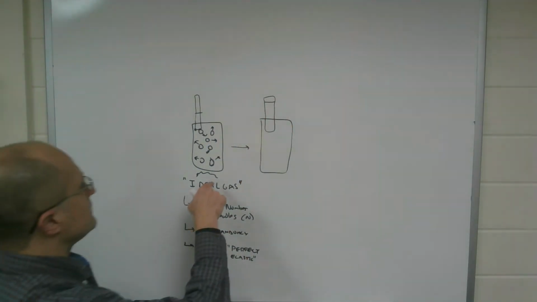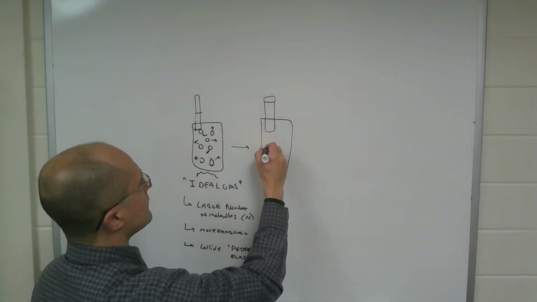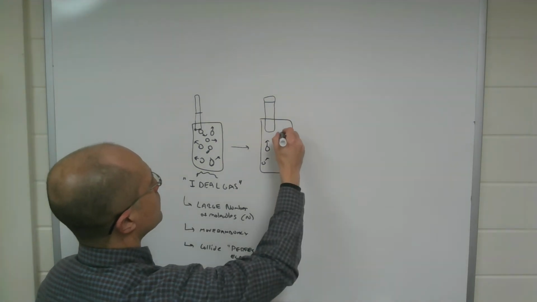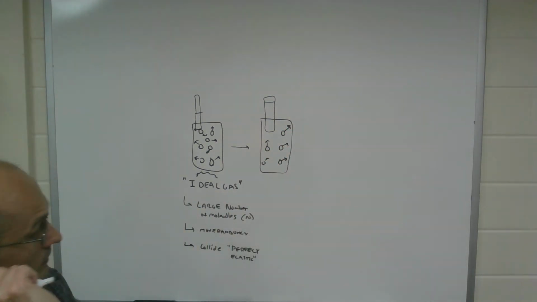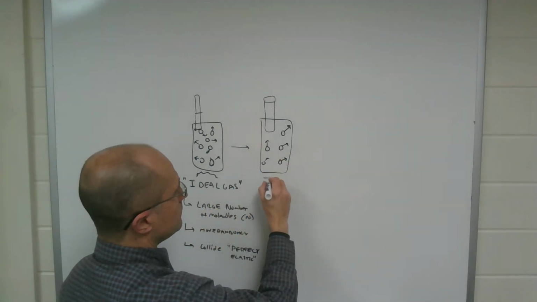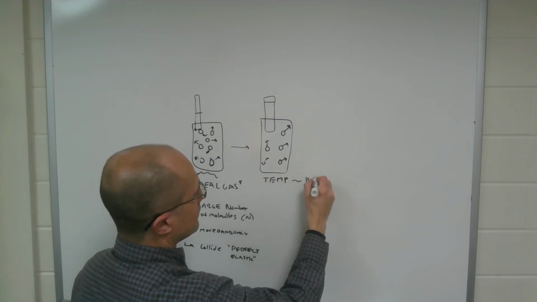But when we add this heat, how is that energy going into the gas? Well, what it does is it raises the kinetic energy. So the temperature is related to the kinetic energy.